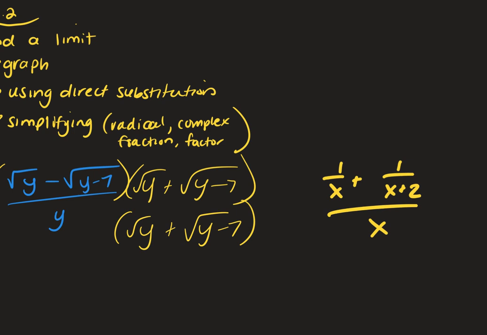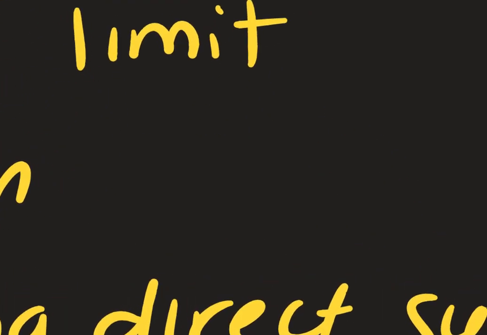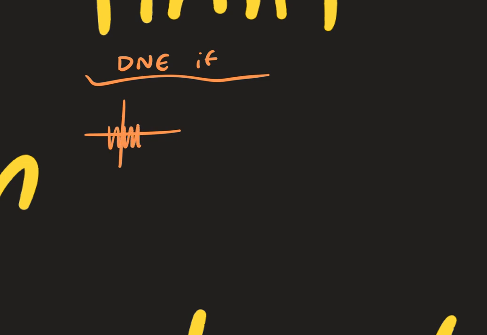So let's talk about when a limit does not exist from a graph. If I'm looking at a graph, how would I know if a limit does not exist? Whenever it's oscillating really fast. Okay, an oscillating one. So if it's going like that, right around the part that I'm trying to find. When else? When it's going straight up around the part. Okay, so if there's a vertical asymptote and my curve is unbounded.